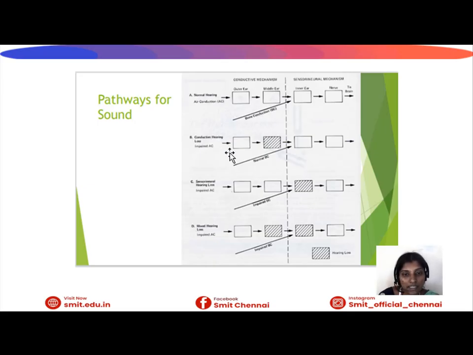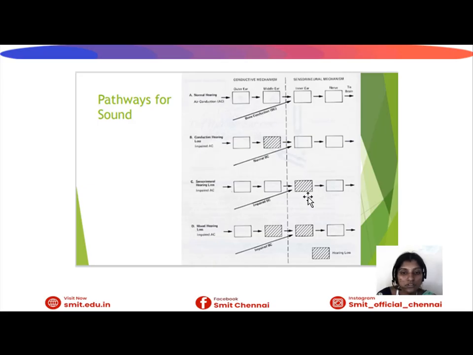Conductive hearing loss. Here we are having loss in the outer middle ear. So this is conductive hearing loss. Bone conduction will be normal. Sensory neural loss. Here air conduction is normal, but in bone conduction, here in the inner ear we are having the problem.